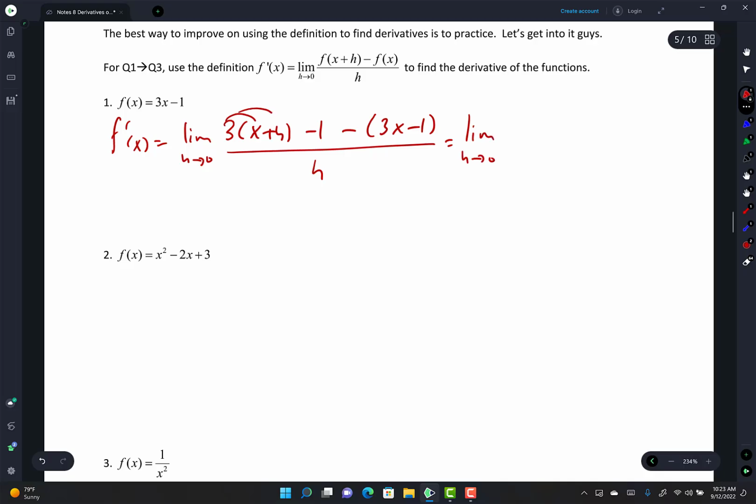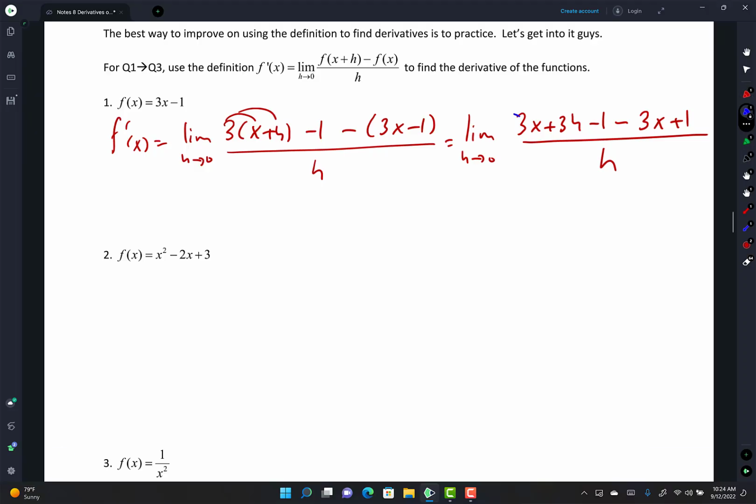I'm going to distribute. 3x plus 3h minus 1 minus 3x plus 1 all over h. The 3x zeroes out. The 1's zero out. Can I cancel out the h? And there it is. Again, you got f prime of x is equal to 3.